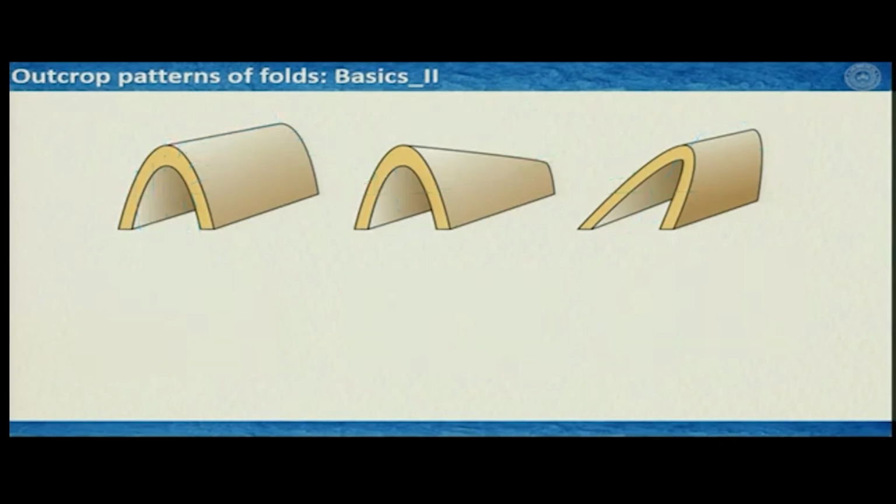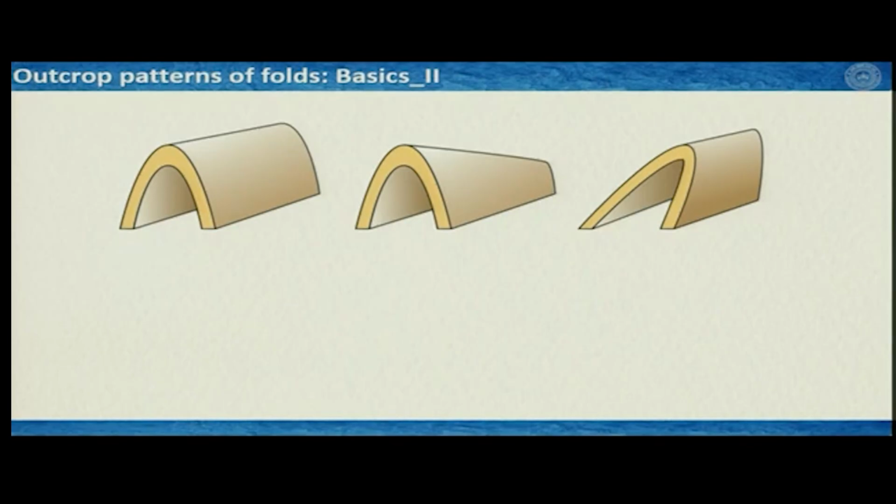Now you can imagine that I can draw a series of sections on these folds oriented differently, and we can get different kinds of outcrop patterns. It can be a vertical section, it can be a horizontal section, it can be an inclined section, and so on. So the best possible way when you have a single fold is to see through the section perpendicular to the fold axis.